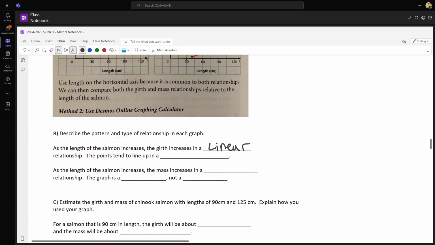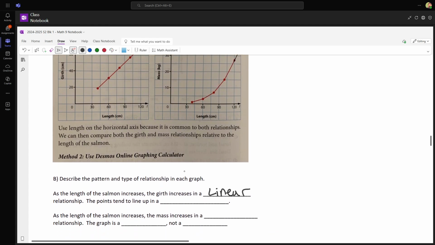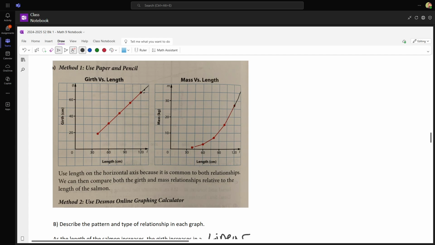Right? As the length of the salmon increases, the mass increases in an exponential relationship. So you don't have to worry about that right now, but this basically just means that it increases in the graph until it basically reaches infinity. But in real life, that would not really happen because there's no salmon that's going to reach like 100 or maybe 1,000 centimeters.